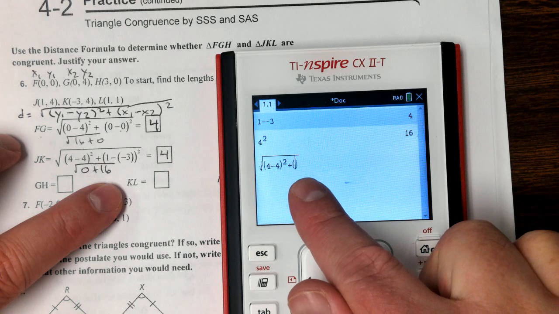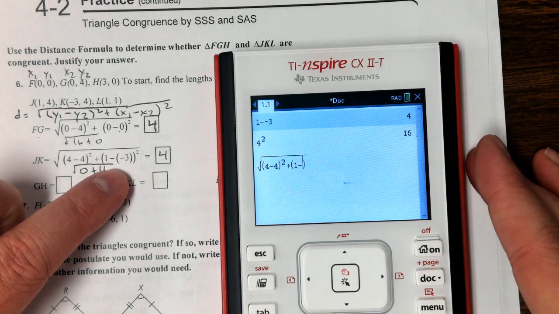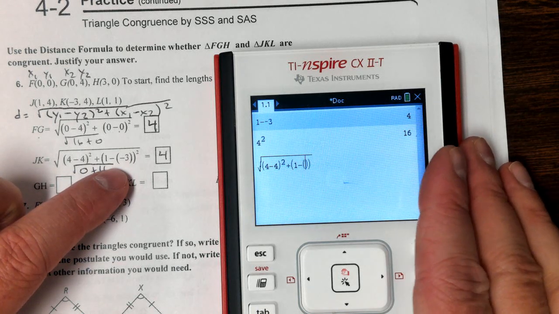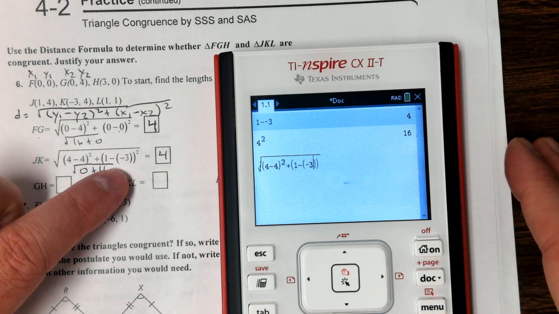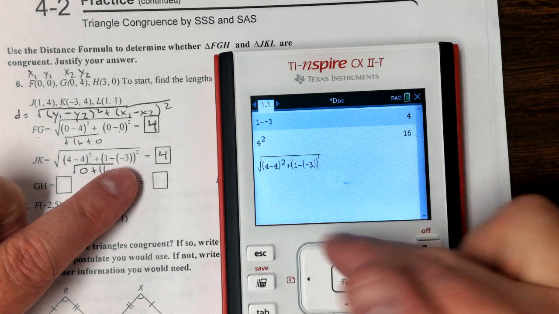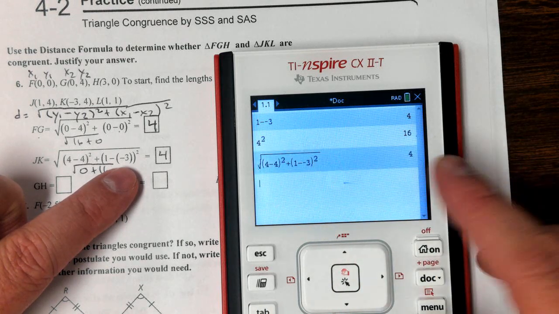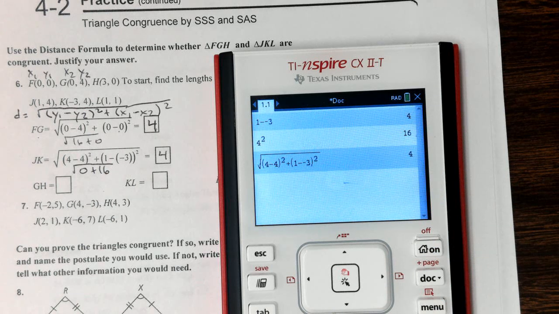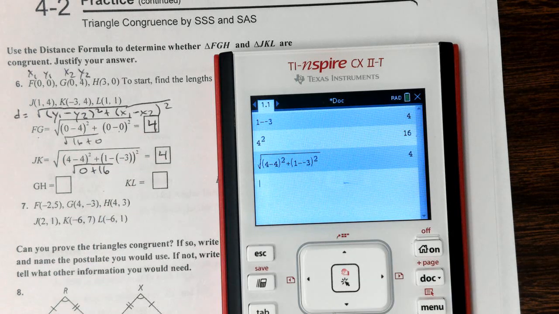Now my cursor's in the middle, and I go 1 minus another set of parentheses, negative 3. Then it's closing it twice, so I just went to the right twice, and then I put squared, and I get 4. So be very careful as you're typing this, but you should get the same answer for those two. Any questions?